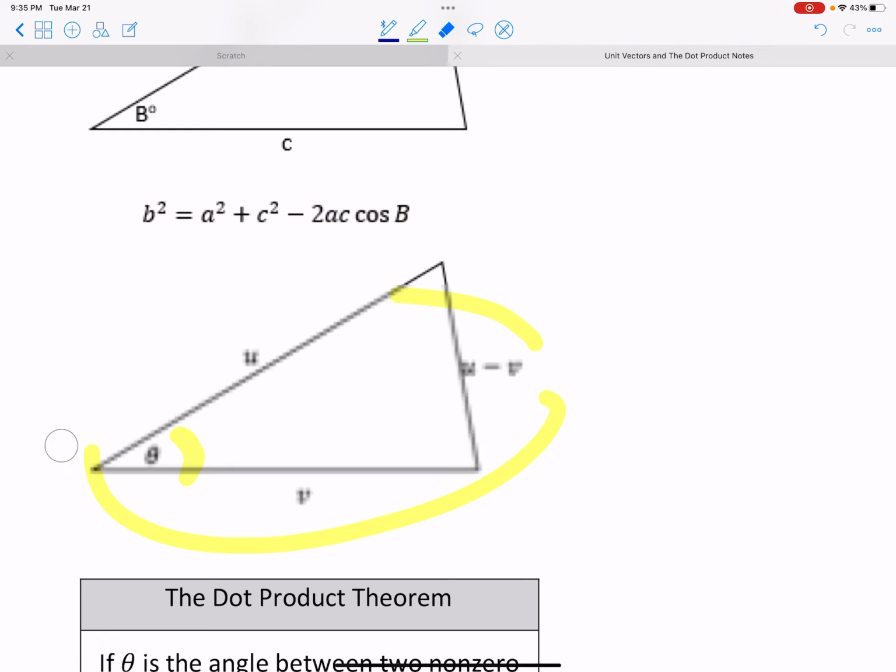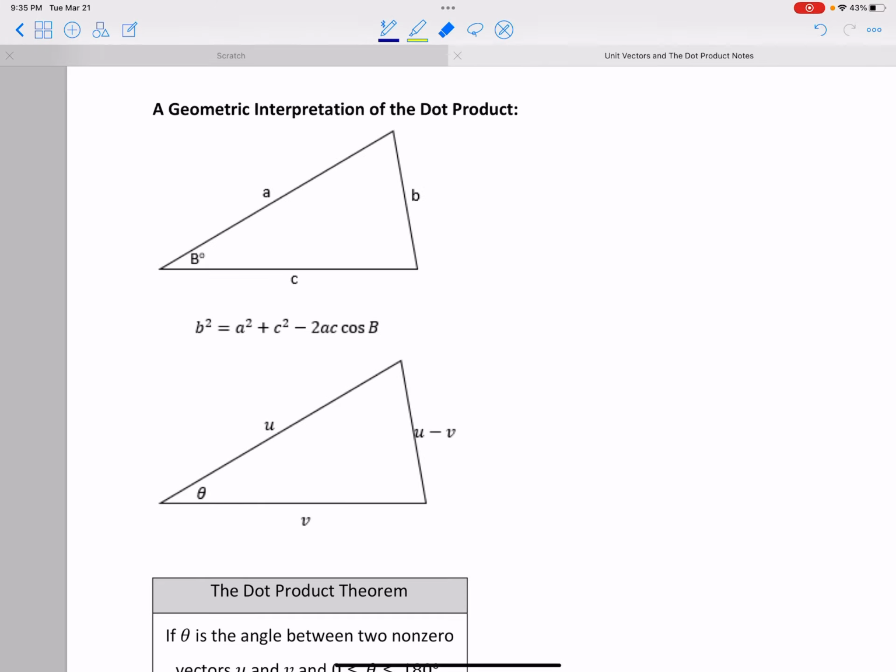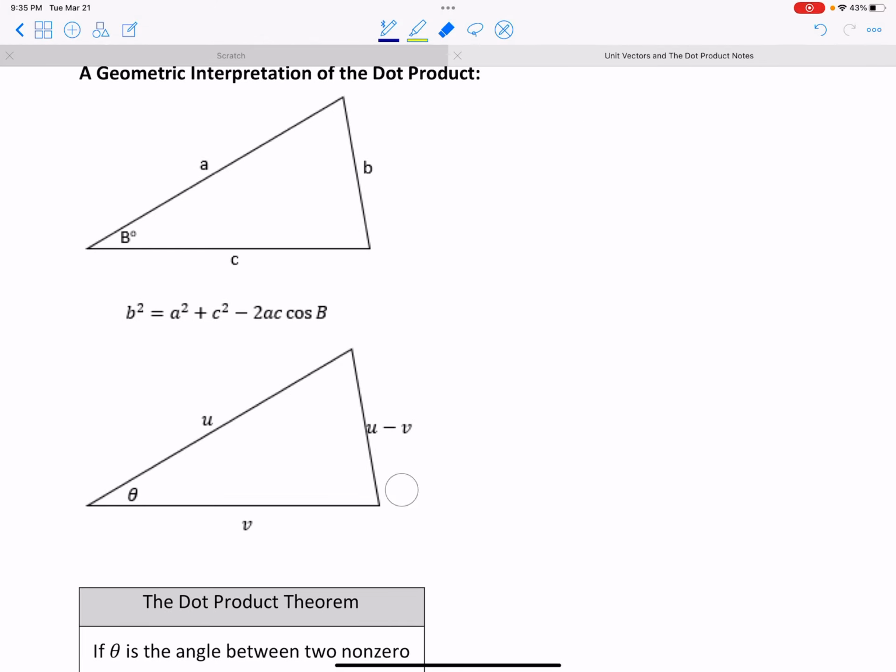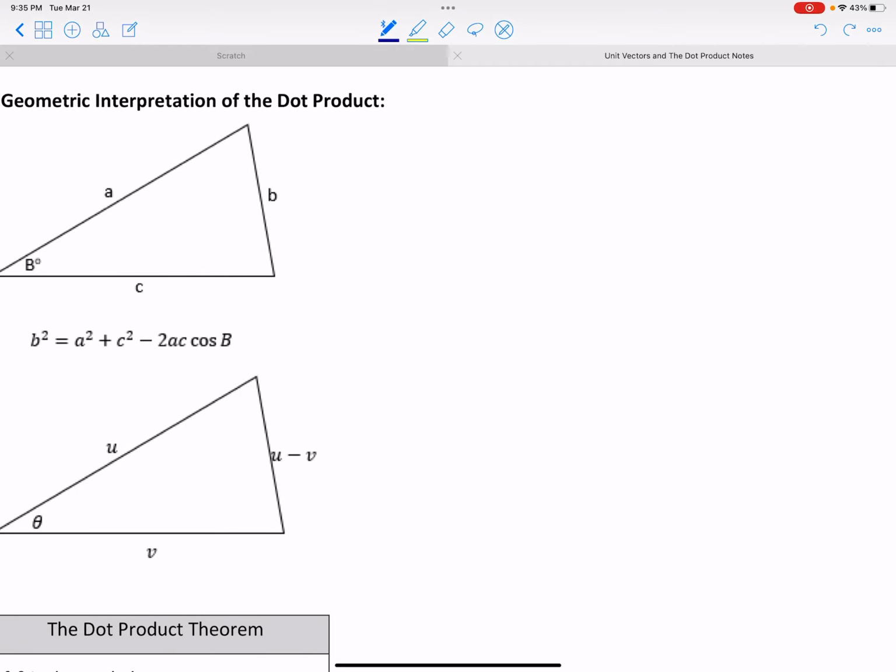And watch what happens. This is where the magic happens. So plugging my vectors and direction angle into my law of cosines. Because I do still represent a triangle, right? So in place of side b, I have this vector, which is the difference of u and v. Now, that vector, remember, has a magnitude. It's not just a side length anymore.